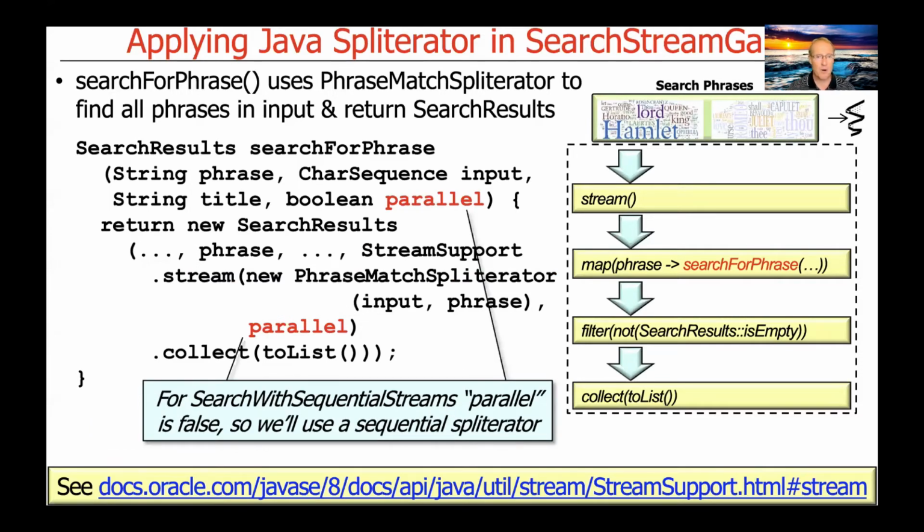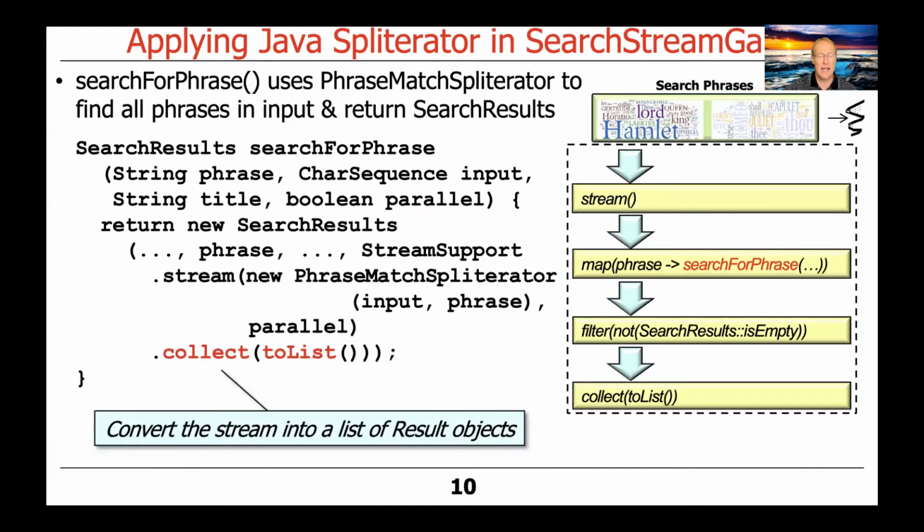Right now, we're going to focus on the sequential version, so let's just pretend, for the sake of discussion, that the parallel parameter here is set to false. So it's not a parallel stream, it's a sequential stream. What we end up getting back is a stream of these result objects that indicate where the matches occurred by the indices into the string, and then we collect that into a list. And that's what's going to be stored in our search results object, which we've talked about before.